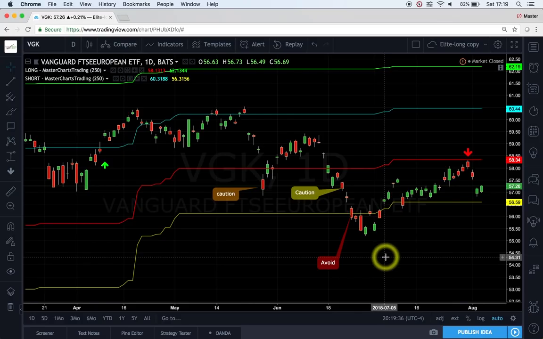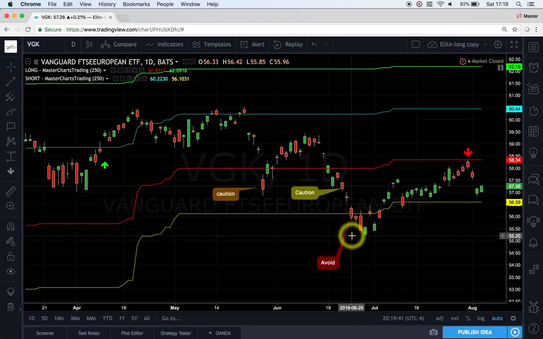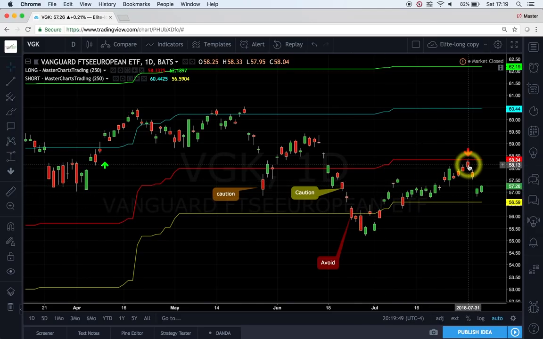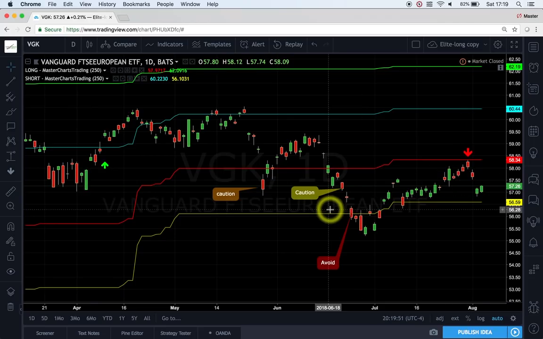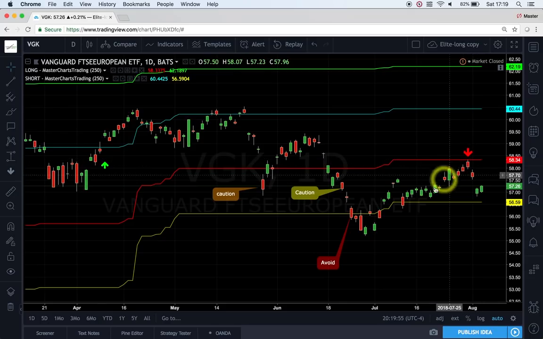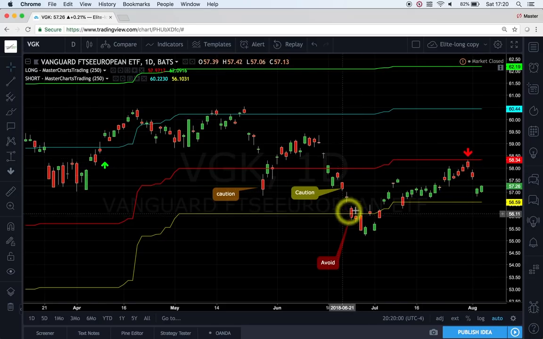So far I'm thinking that I should be avoiding it as early as the 25th of June here. I would start looking to exit my positions, and if I had a position, then I would look to unload it around on the bounce to the red line, which sometimes never happens. Sometimes it just pushes lower.